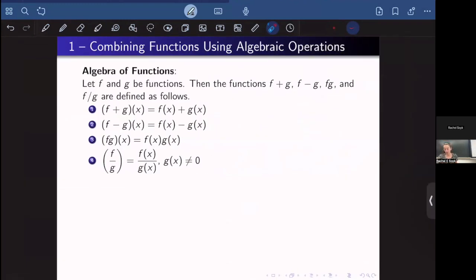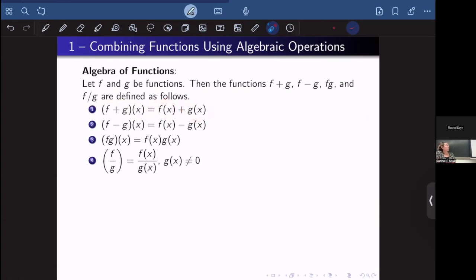Our first objective, being able to combine functions using algebraic operations. So addition, subtraction, multiplication, and dividing are all of the operations, but from a function standpoint, if you're adding two functions, our f plus g of x is the same as just adding f of x and g of x separately.